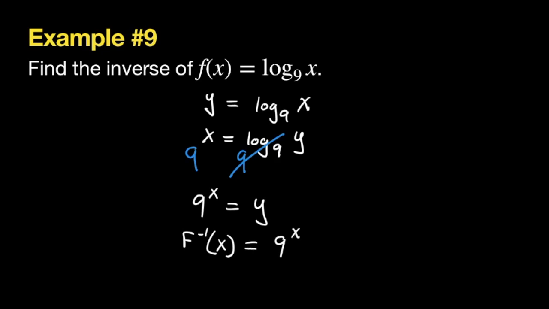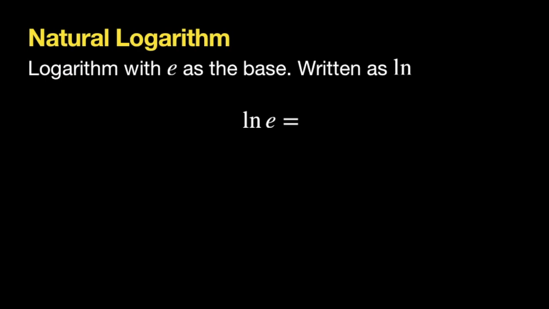We know that when we have a logarithm with no base, we automatically know that that's going to be a base of 10. But we also have logarithms with base of e, like in this case. And we actually write it as ln.